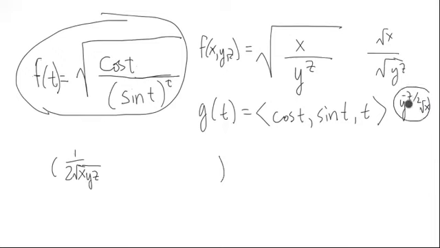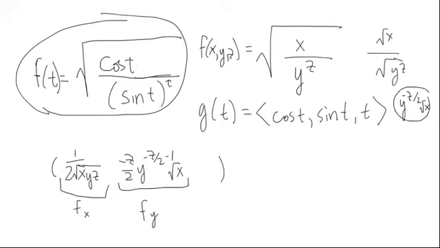So taking the derivative of that simply means, and maybe we'll just keep it simple this time, bring the exponent out front. We have y to the negative z over 2 minus 1 times square root of x. So this is like fx, this is like fy. It is easier to take a partial derivative than it is to take a full derivative, but by doing it in parts, we can find the derivative very nicely.